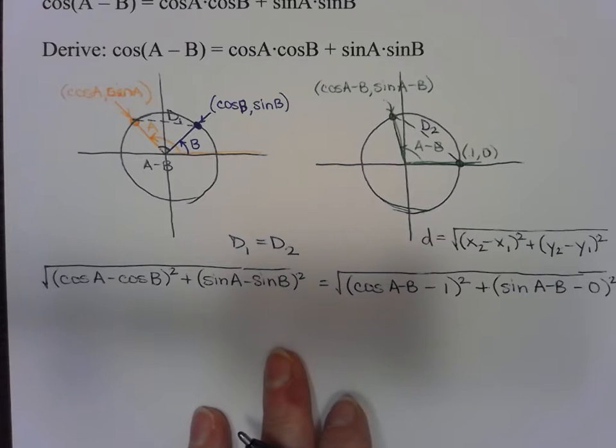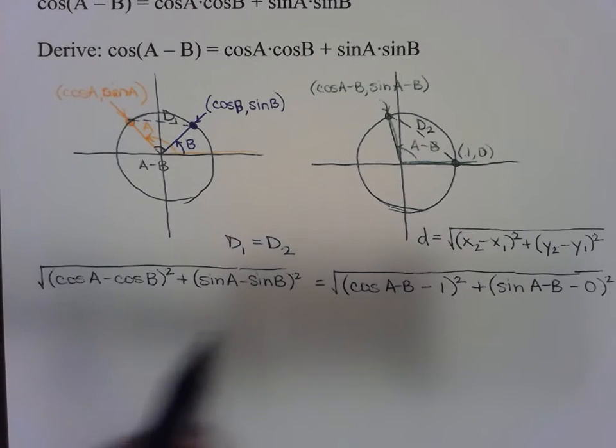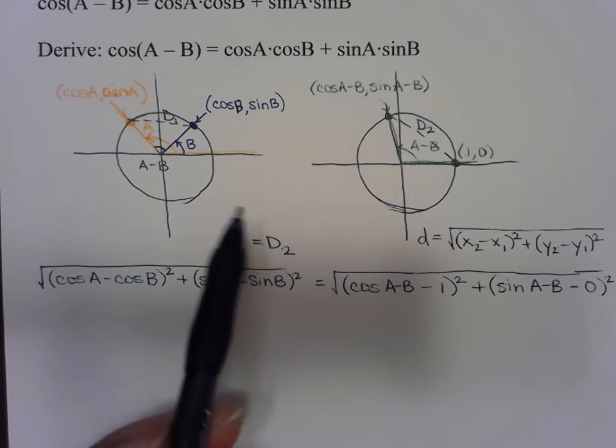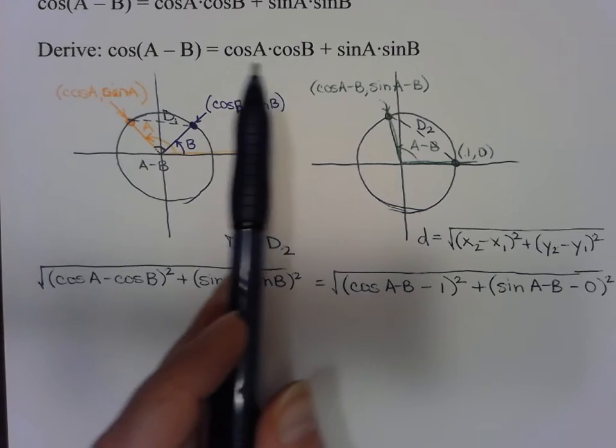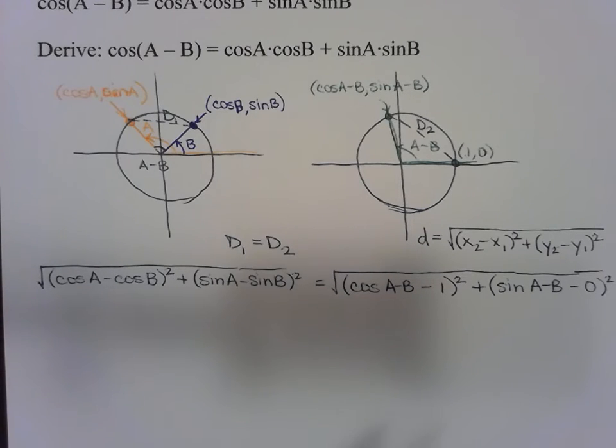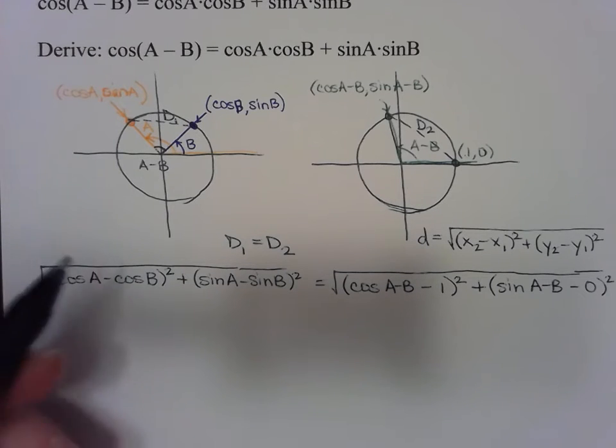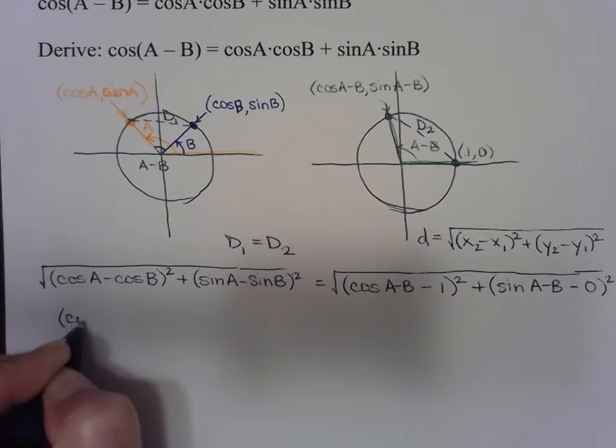So these two are equal. Now we would like to work this out in hopes that we can show that these two are equal. First of all, we can square both sides. That's going to just give us what's inside.